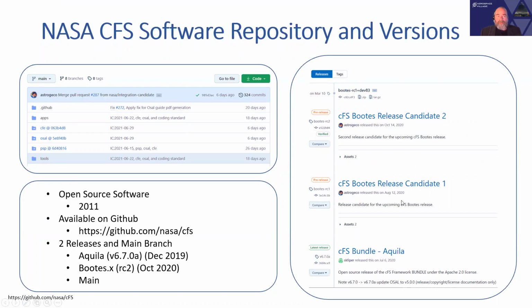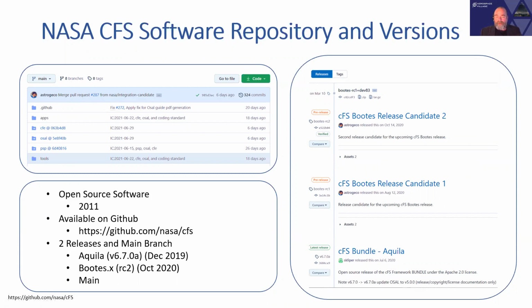The NASA Core Flight System software, and what attracted my attention originally, is open source software. It's been open source since at least 2011. Don't know if it's been on GitHub that long, but you can find it at github.com/NASA/CFS. There are two major releases, the Aquila release and the Bootes release.